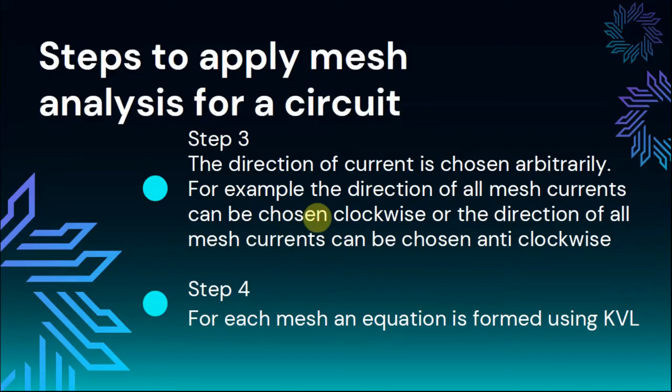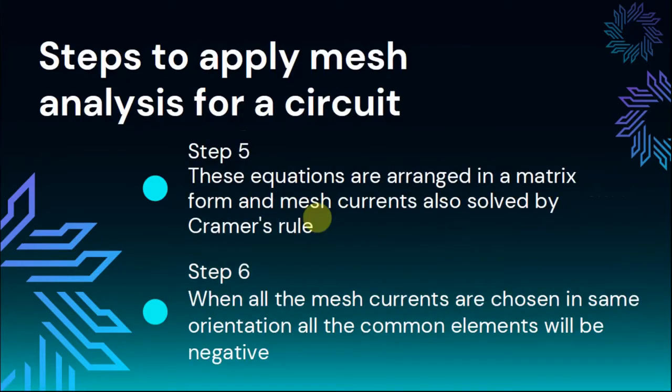Step 4, for each mesh an equation is formed using KVL. Step 5, now we will have a number of equations equal to the number of meshes. If 3 meshes are there, we will have 3 equations. If 2 loops are there in the circuit, we will have 2 equations, which are simultaneous equations.